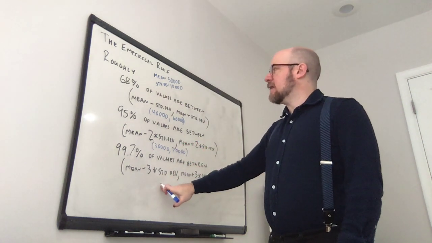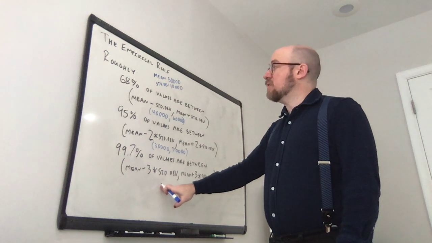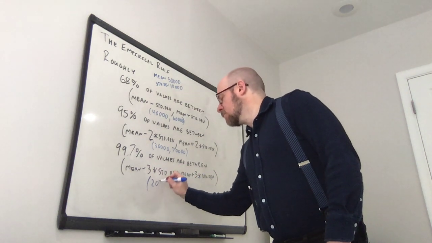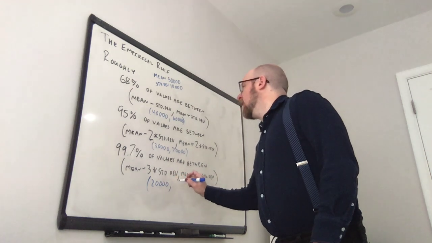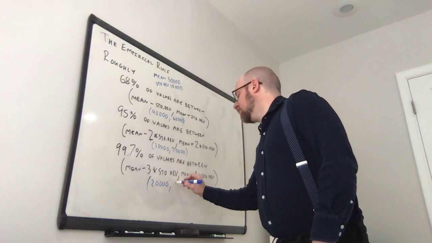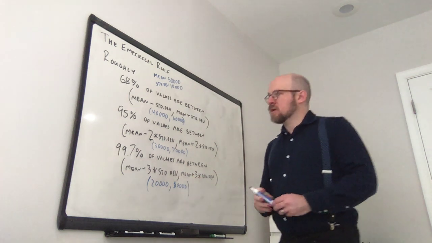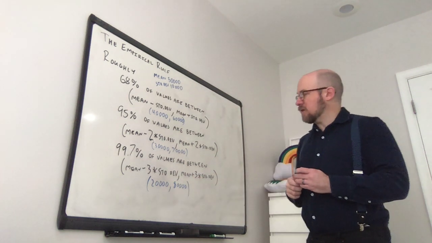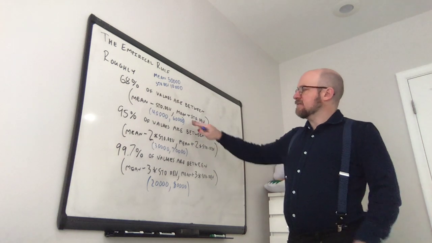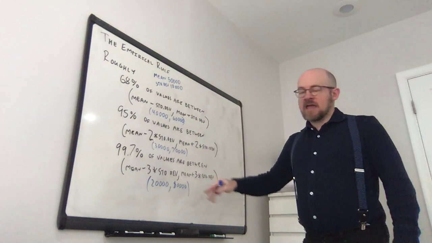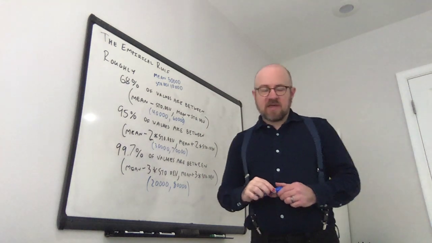And then 99.7% are within 3 standard deviations. So 50,000 minus 30,000, 20,000, and 50,000 plus 30,000, 80,000. So if your salaries are normally distributed, 68% will be in this range, 95% will be in this range, and 99.7% will be in that range.